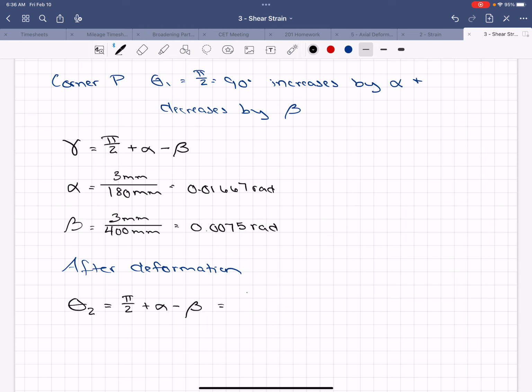So that equals pi over 2 plus 0.01667 minus 0.0075, and we get that theta 2 equals 1.579962 radians.